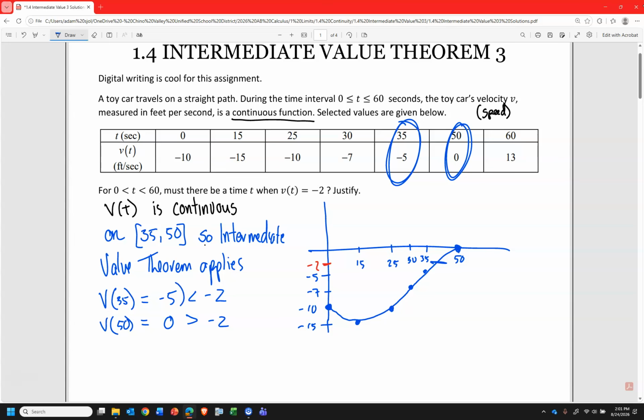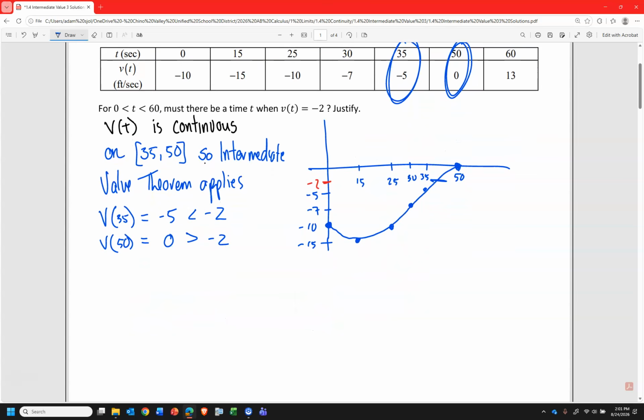And maybe it would help if I kind of had parentheses, because I'm saying negative 5 is less than negative 2, but I'm telling where it came from. Right? So I'm just describing the graph. I found a place right here. V of 35 is less than negative 2. V of 50 is greater than negative 2.